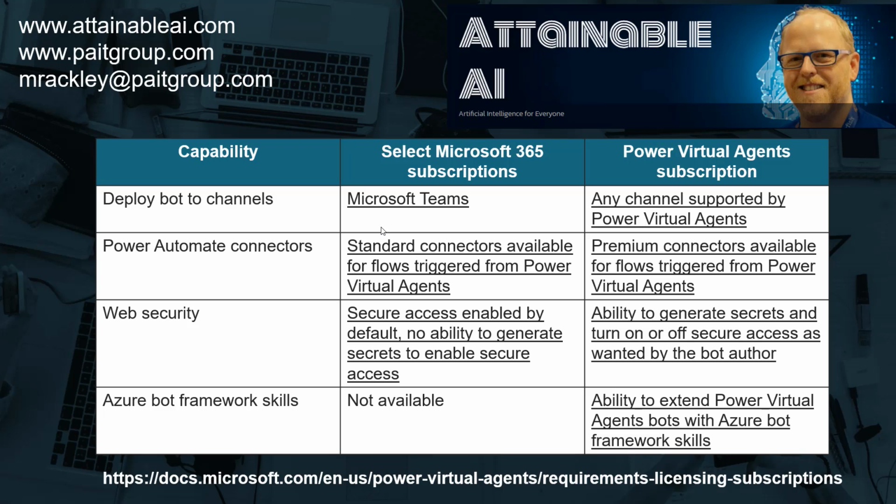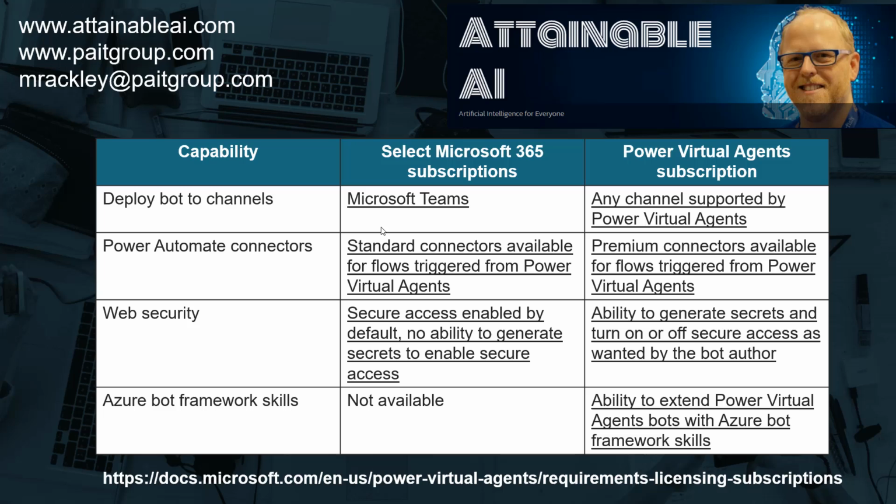If you want to use a premium connector in Microsoft Power Automate, you can't use that with the free version either. So depending on what you want to do, you may have to upgrade to that Power Virtual Agent subscription. And if you think about it, that's kind of how a lot of this goes. They give you a lot of cool functionality so you can get a taste for it, but then when you want to do something really cool, you have to start paying for it.